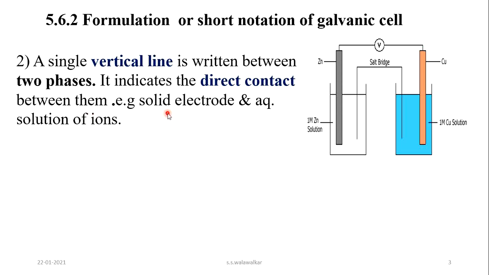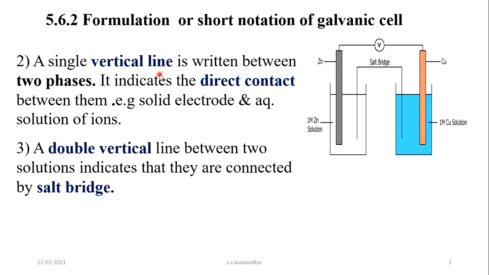For example, solid electrode, here in this Daniell cell diagram, solid metal rod of zinc is in contact with its aqueous solution of zinc ion, or here copper rod is in contact with aqueous solution of copper ion. So this direct contact between the copper electrode and its aqueous solution of ions, or zinc electrode and aqueous solution of zinc ion, is represented by a single vertical line.